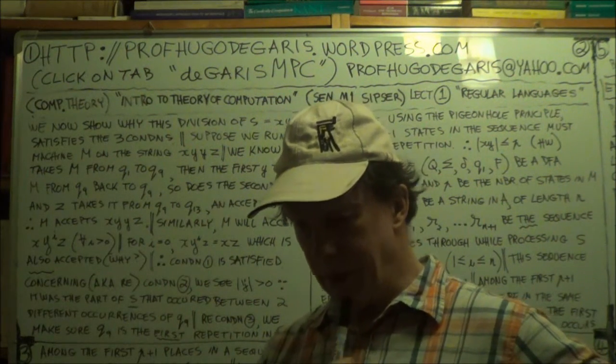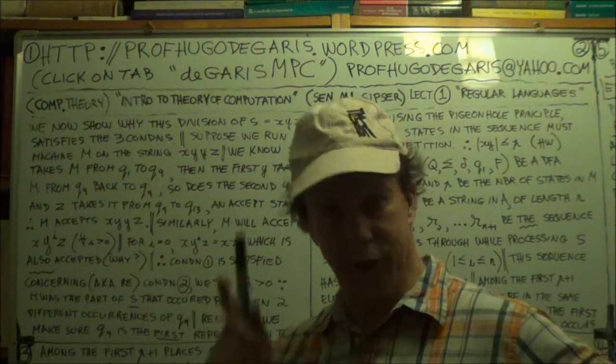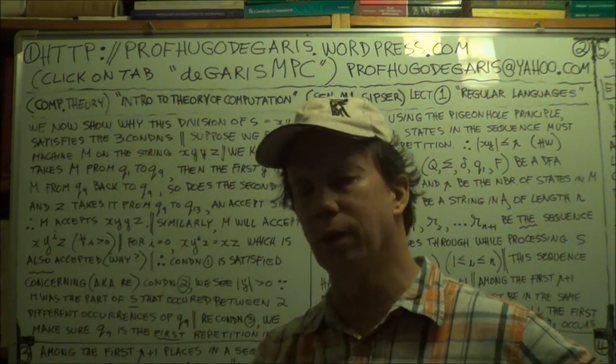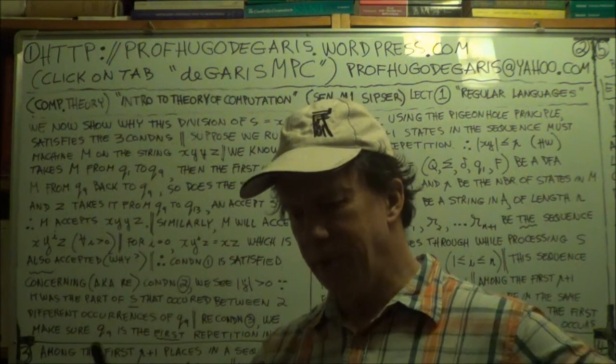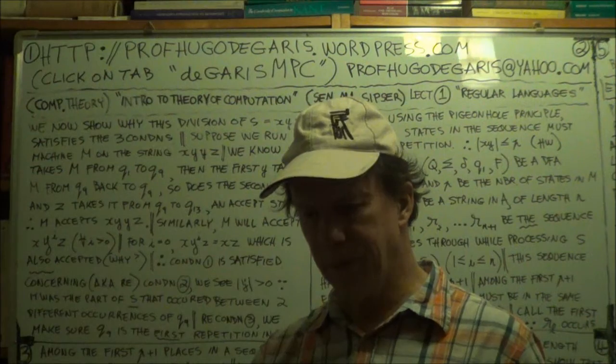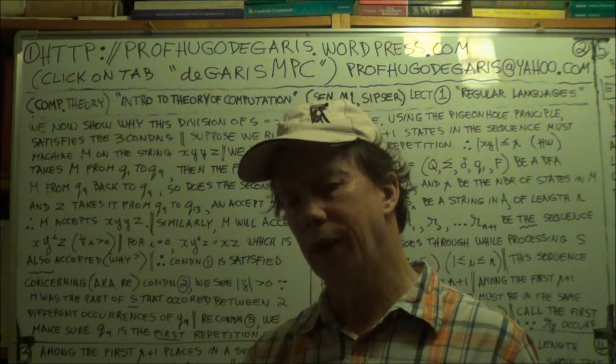And since it's a DFA, there's only one next state all the way through. Now, the number of those states in the sequence was n plus 1, okay?